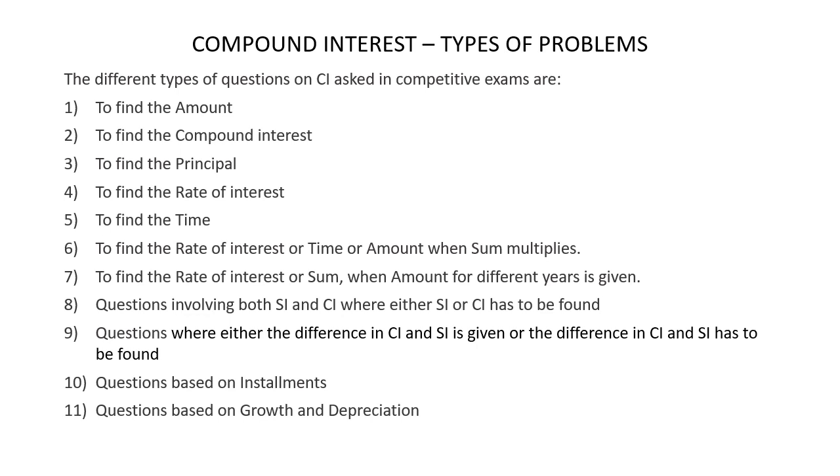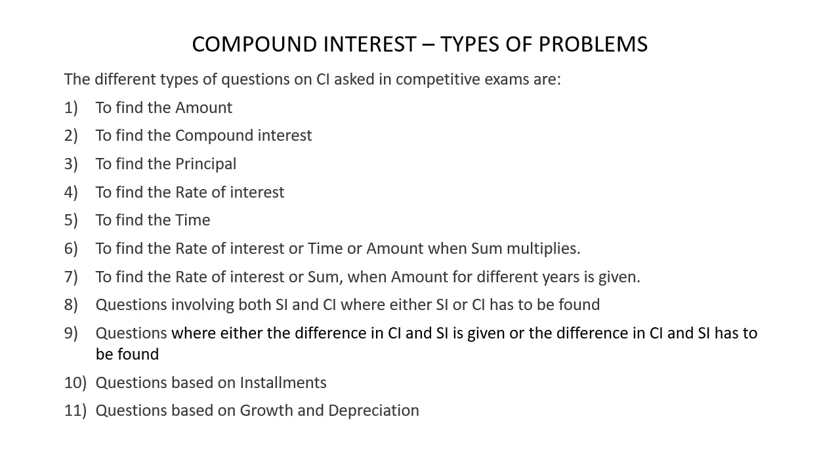Let's now look at the different types of questions on compound interest asked in competitive exams. The first type is to find the amount. The second type is to find the compound interest. The third type is to find the principal. The fourth type is to find the rate of interest.